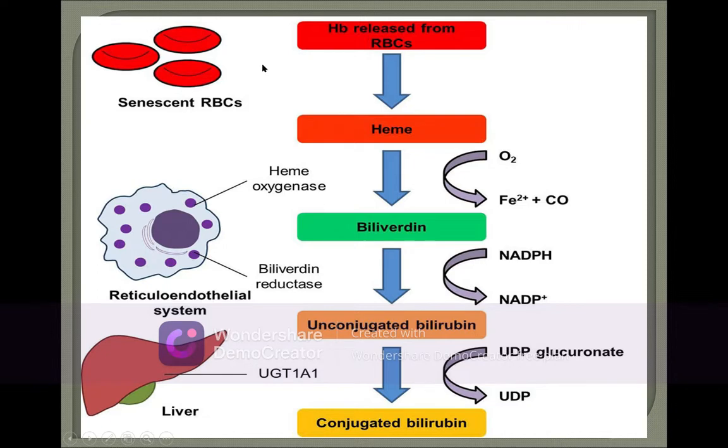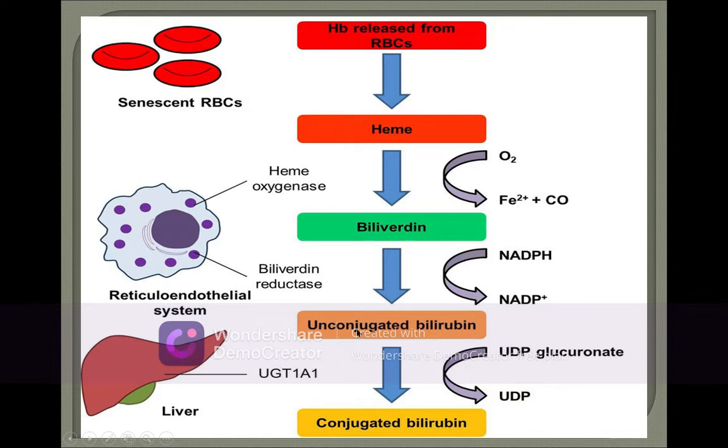It means that if more substrate is there, this is called hemolysis. If much hemolysis is there, it is a burden on the liver, and it will definitely be converted into biliverdin and then into unconjugated bilirubin.